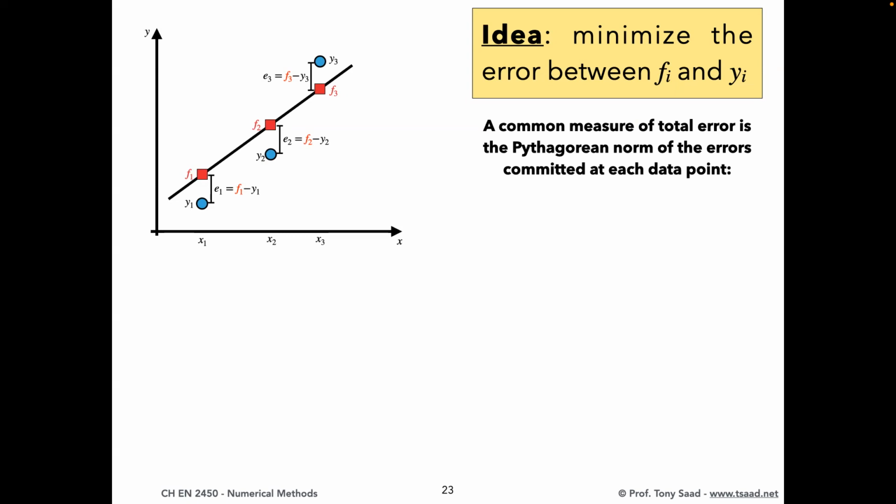We're going to take these three errors and combine them with a Pythagorean norm and define an aggregate error, a single number that represents those three errors. That would be E1 squared plus E2 squared plus E3 squared. If you had 1,000 points, you would have E1, E2, E3, E4, up to E1000, adding them all up.